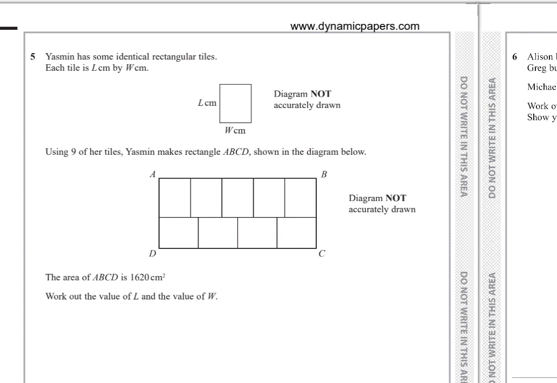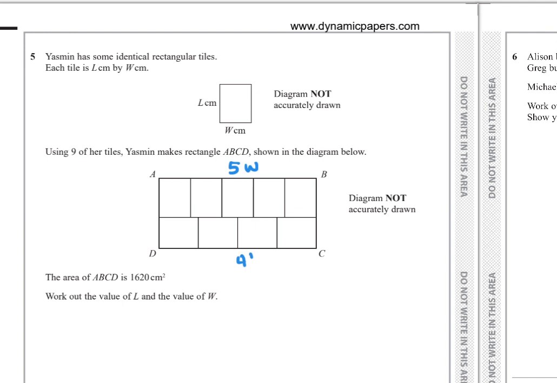We have 2 unknowns, so we need 2 equations to solve them. First, from the rectangle, this W and this W, W, W, W. So this side is 5W. The opposite side, because this is the same as that one, so this L and this L and this L, so 4L.